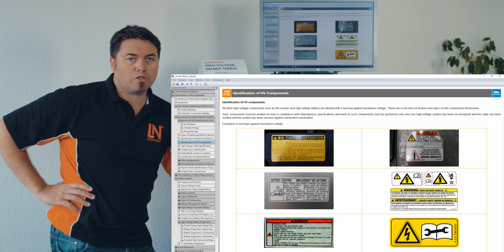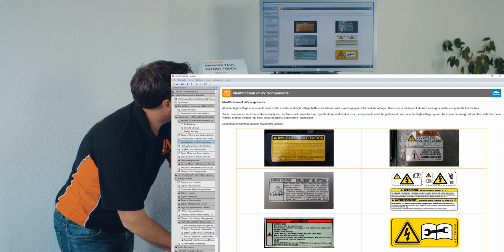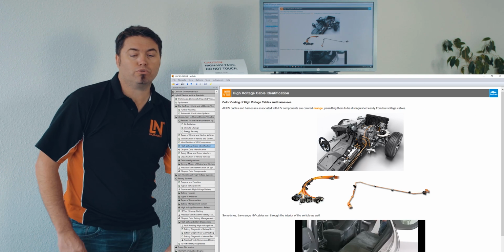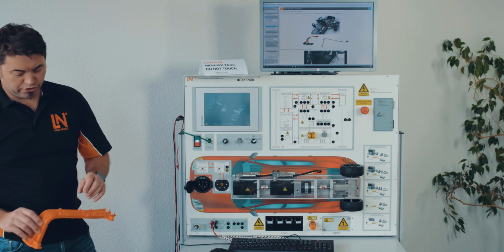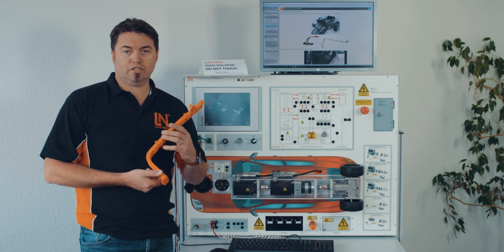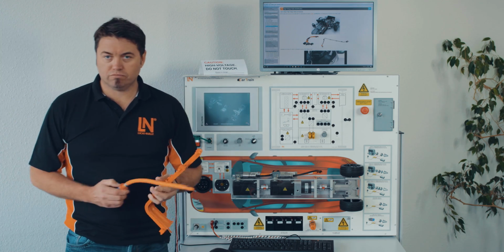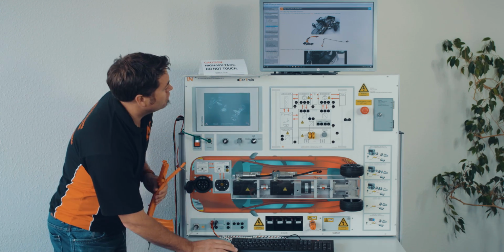Somewhere that's visible. Now, of course, in some of the other sections, we'll be seeing orange cables or orange coverings. So inside the vehicle, you begin to see orange coverings, which then cover the orange cables, and you'll see that at various different points as well.